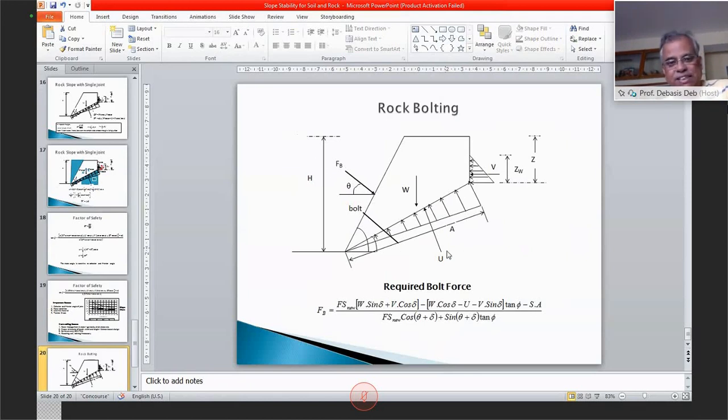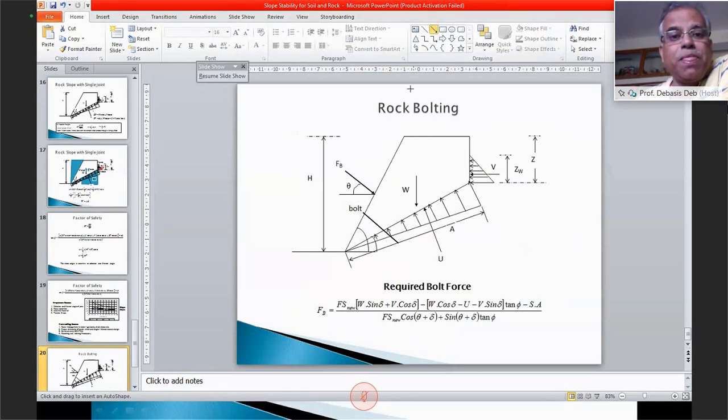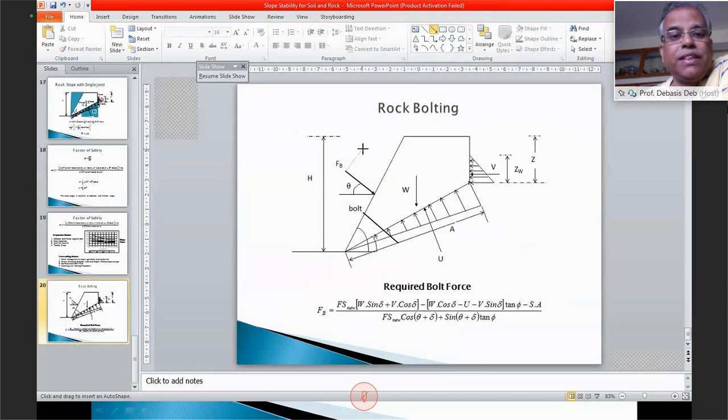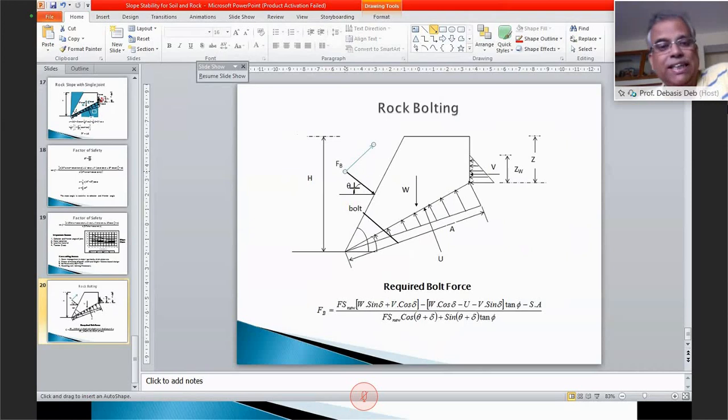One will be along this, and another will be perpendicular. So in one way it increases sigma n, and in another way it resists the sliding force. So the bolt does these two things.